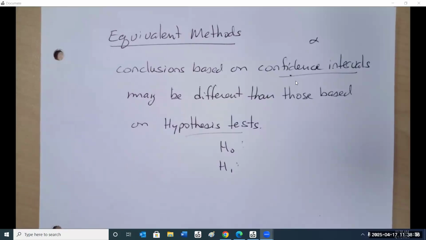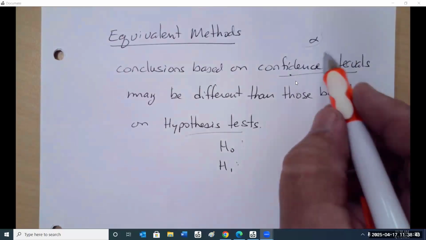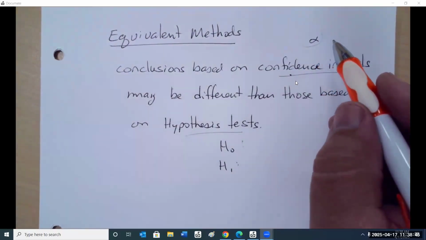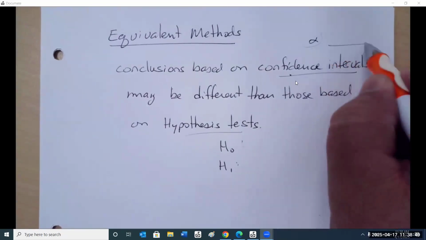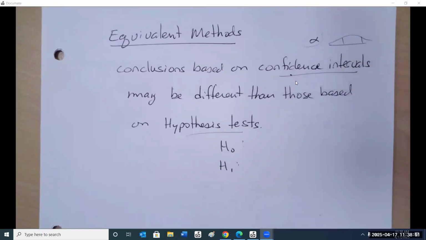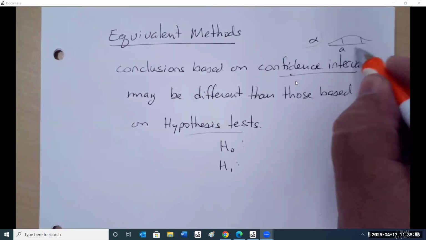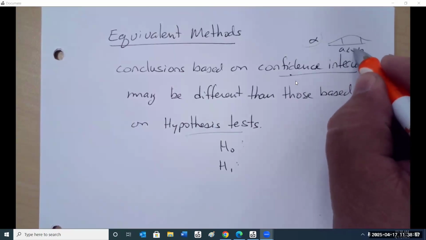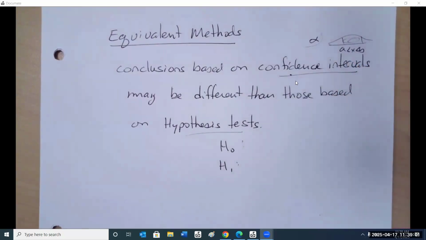Because of this level of confidence, I can give you two values. Once you get the alpha, you determine if it's a one tail or two tail, whether you have to divide it by two or not. And then from there, you find your critical values. Now, this is your interval. So you have A and B. What you're saying is that your population parameter will fall within that interval.